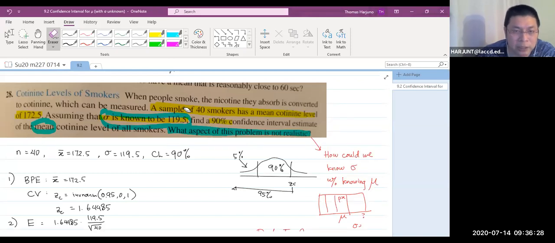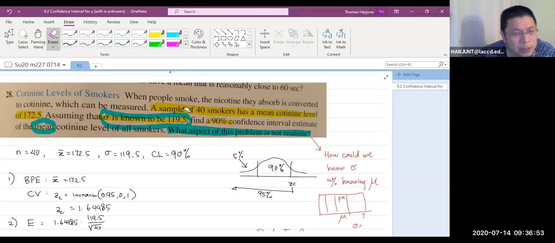In reality, we can use the population standard deviation of a similar measurement, like what I said earlier, we measure the height of the population, right? The standard deviation of the population for heights, and in this case nicotine level that becomes cotinine, may be assumed to be the same.